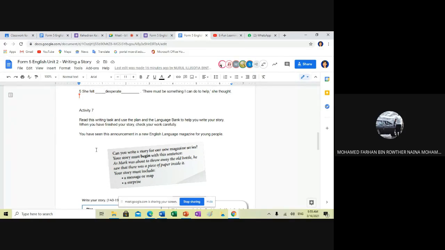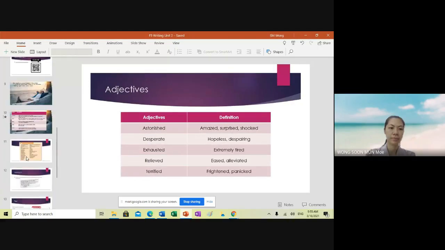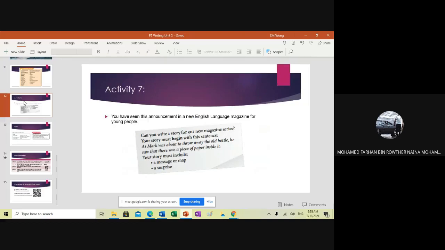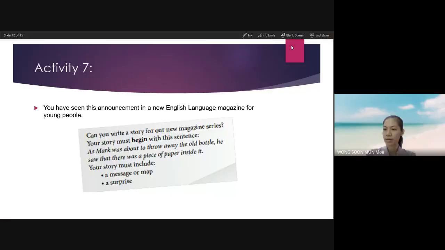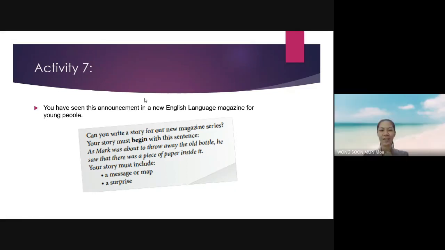Okay, but never mind, I will show on the PowerPoint. Someone is mumbling. Activity 7. You just look at the screen, but later when you do the task, you go to the Google Doc and do it.